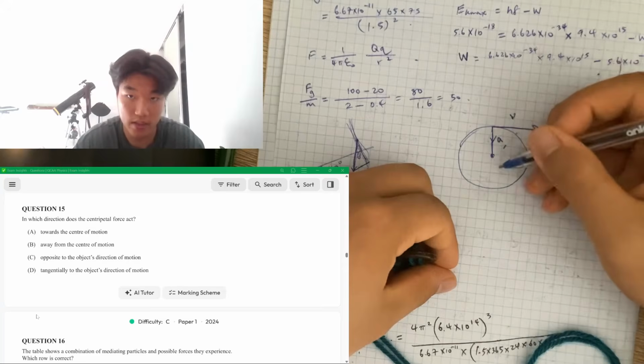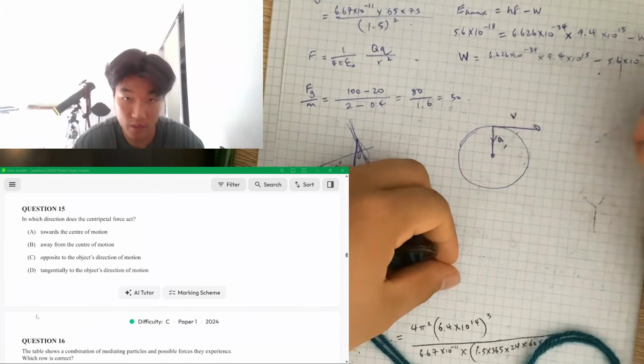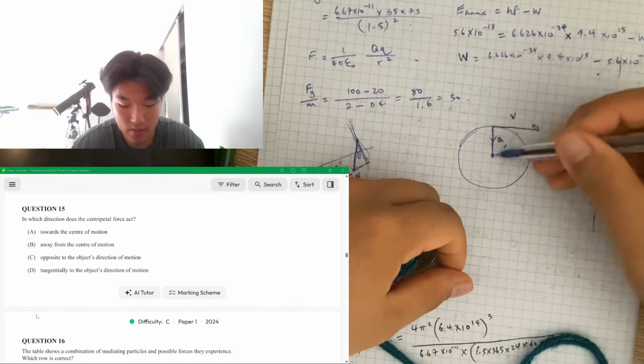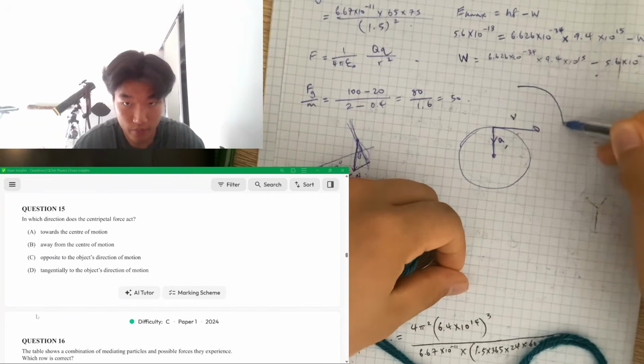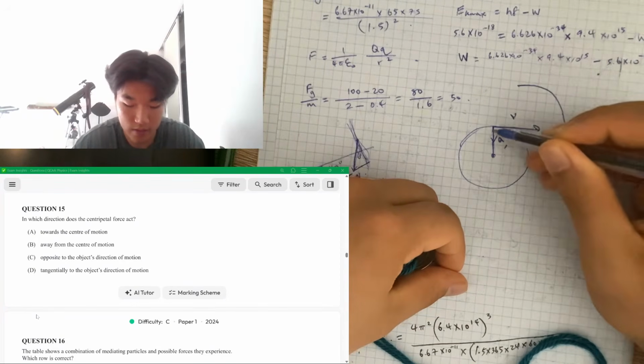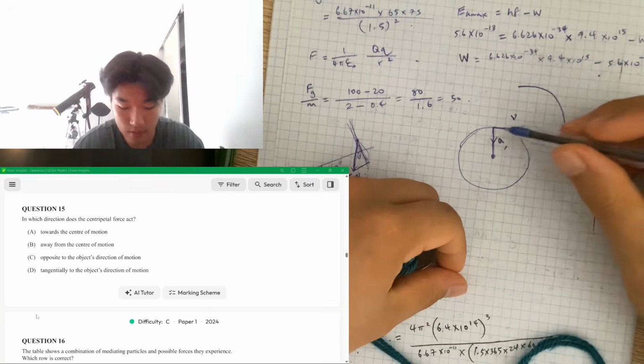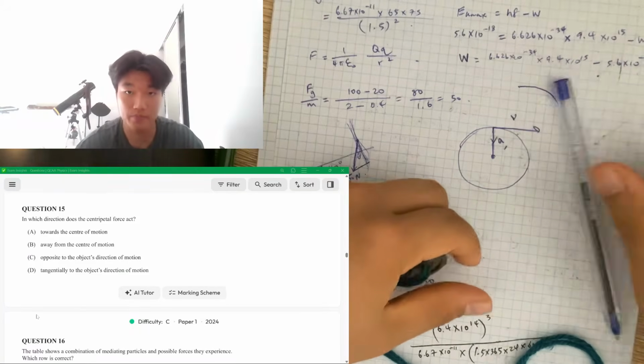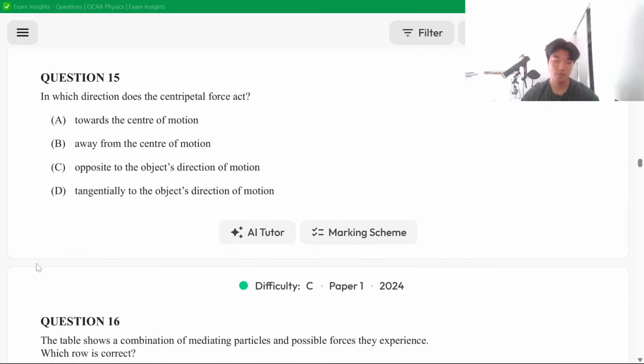Acceleration needs to be going down towards the center of motion. In this way, it will curve, right? And it's always going to be perpendicular. That's what keeps it uniform and circular. So it's going to be towards the center of motion. So it's going to be A, right?